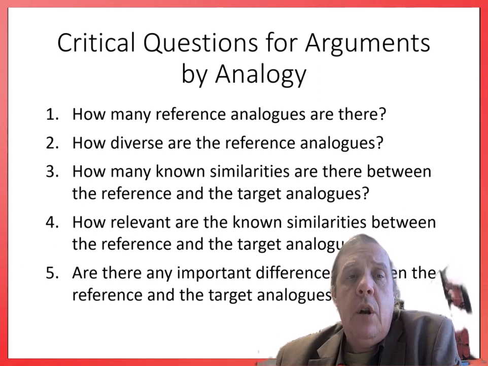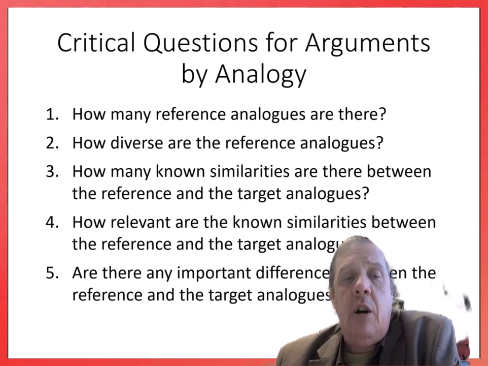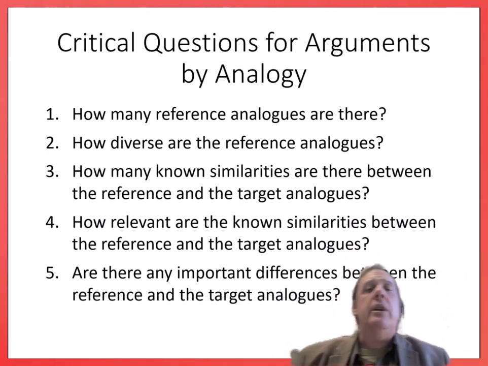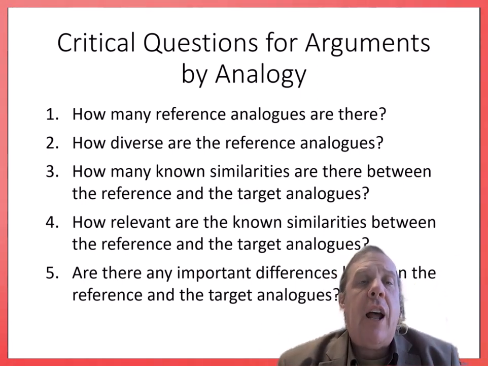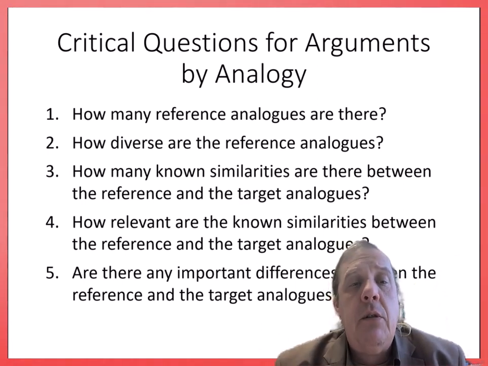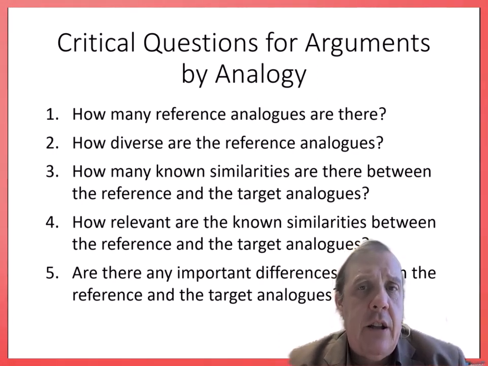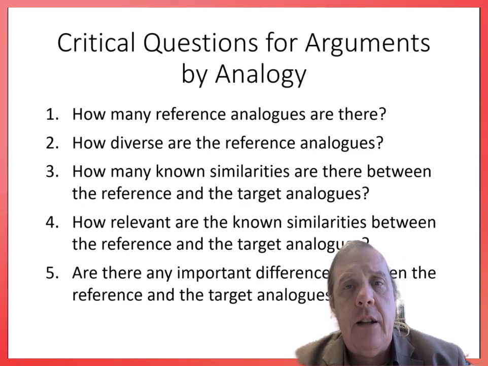The first four help us evaluate the strength of the inference, and the last one has to do with information that might be missing. So when we're evaluating the strength of the inference, we want to ask how many reference analogs there are. If you've got a bunch of analogies, that's more powerful than a single analogy.